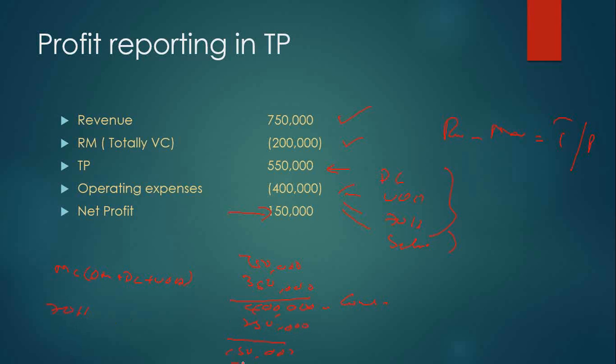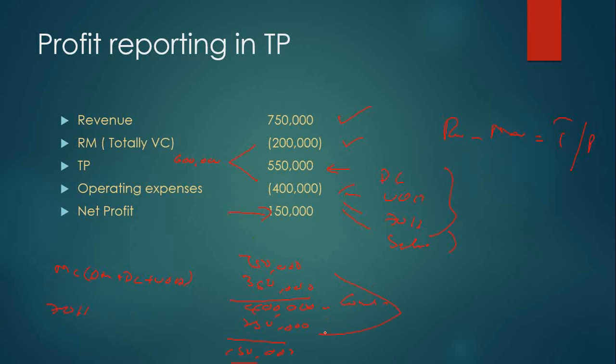So what you can see is, whether it is throughput or marginal costing, your total expenses are 600,000. Right? Total expenses are 600,000. But the difference is how you show it. In throughput accounting, you show only the raw material after the revenue.